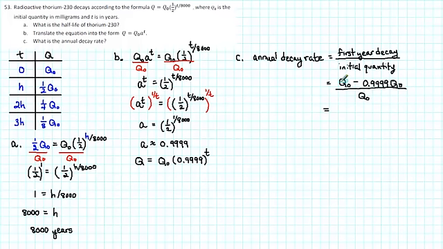Q₀ into Q₀ is 1, and Q₀ into the second term is just 0.9999. Therefore, the annual decay rate is about 0.0001. As a percentage, this is about 0.01%.